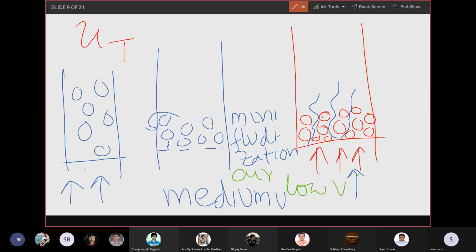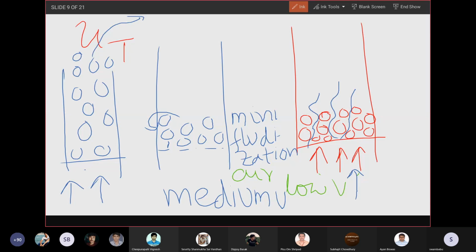They will move up to a certain height. If you increase to a much higher velocity, they just go along with the air, wherever they go.